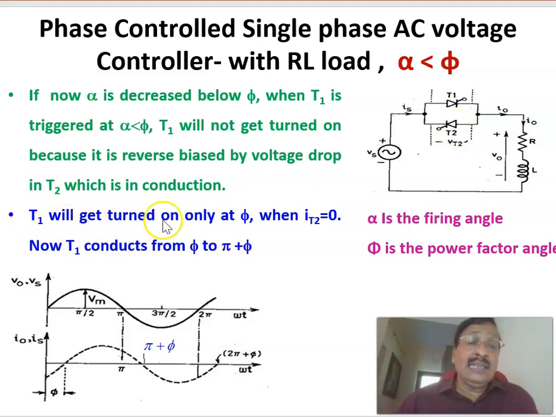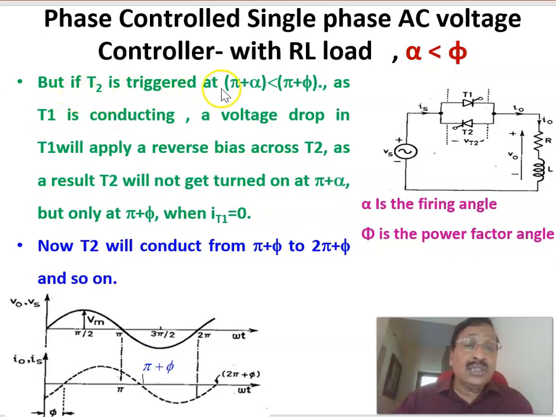T1 will get turned on only at φ, even though you are selecting an alpha less than φ, when the current through T2 goes to 0. Now T1 conducts from φ to pi plus φ. That is the case when the firing angle is less than the power factor angle φ.